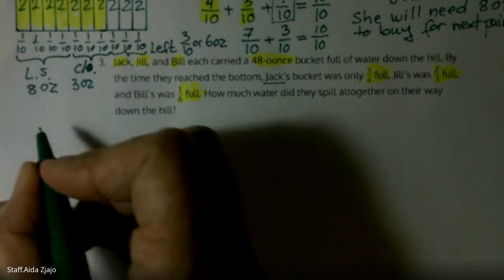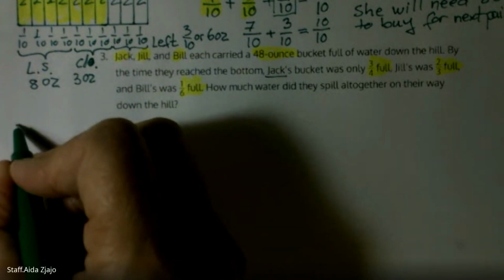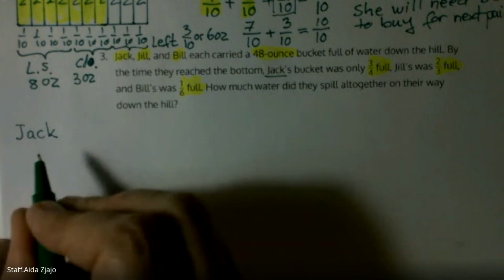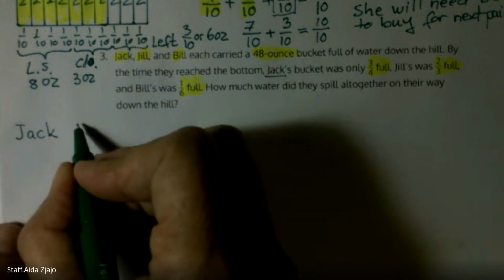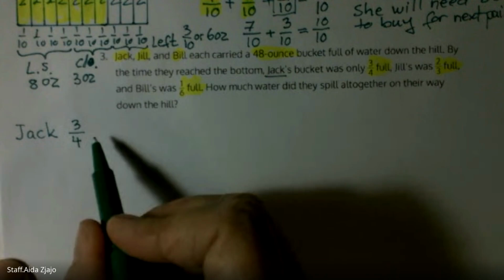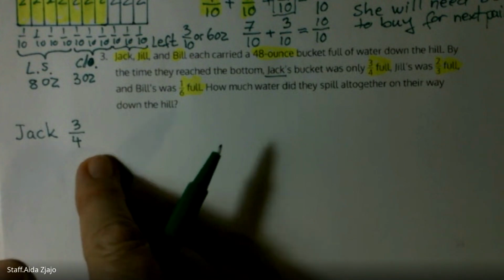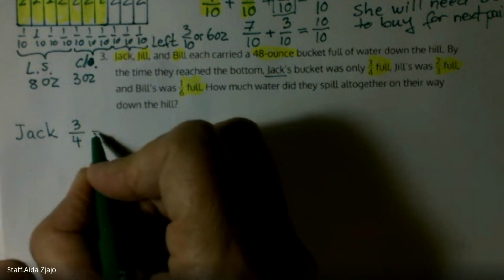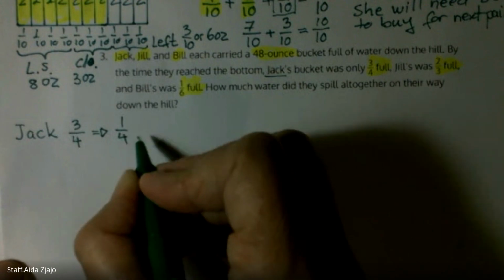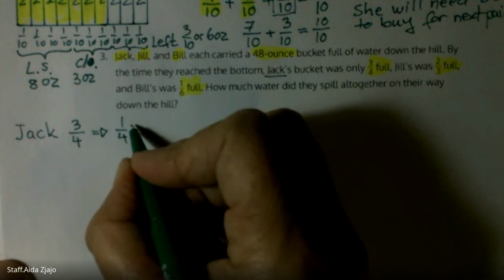Okay, so let's think. There are so many different ways you can solve this problem, but thinking about Jack just now, Jack did 3/4 full. So he lost 1/4 because 4/4 makes a whole bucket. So you can say that he lost 1/4 of 48, where of means multiply.